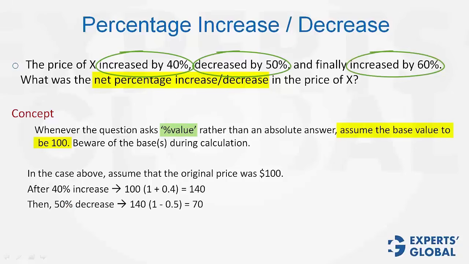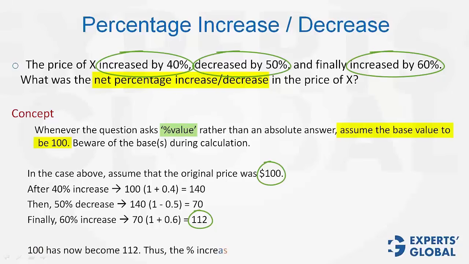And now there is a 60% increase. So the 60% increase would be on a base of 70. So 70 with a 60% increase becomes 70 times 1.6 equals 112. We started with 100 and we ended with 112. Therefore, the net percentage increase is 12%. The answer is 12% increase.